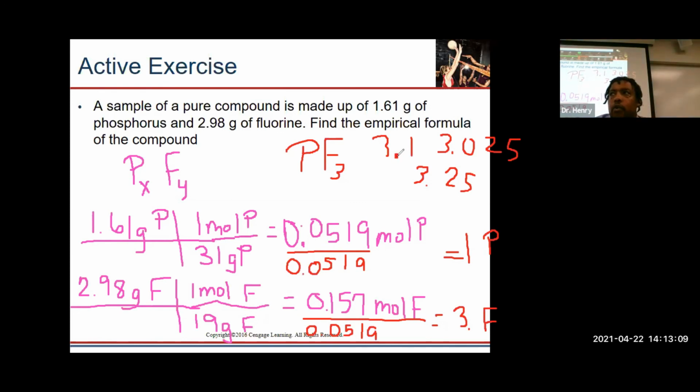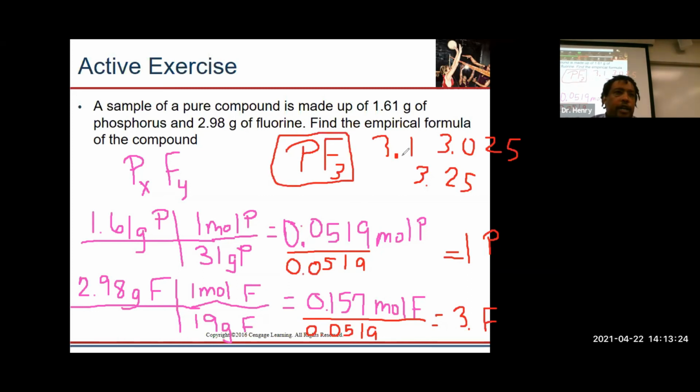Anything that has that 0.1 and above is going to be a problem, and I'll explain that here in a second. Do you guys get this so far, this part and how you got that? Okay, so let me explain this to you.